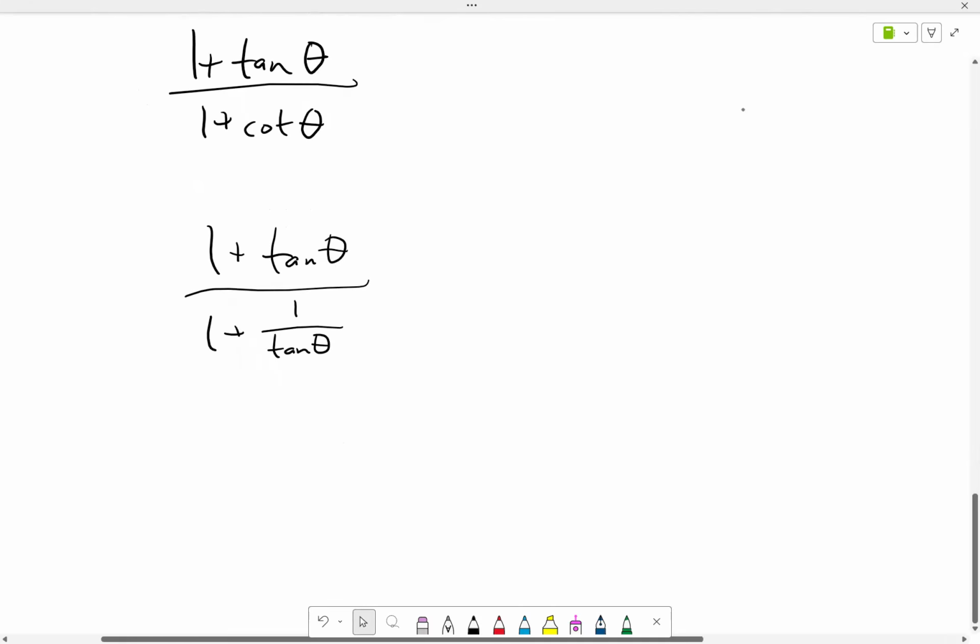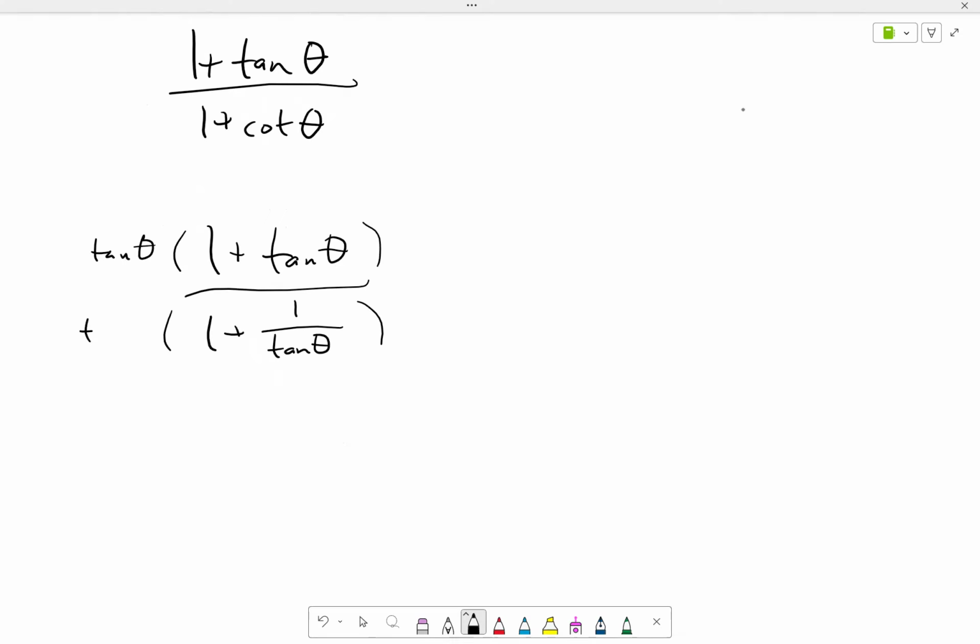To clear the denominator, multiply top and bottom by tangent theta. Are we okay with that? On the top, I'm going to leave it factored: tangent of theta times 1 plus tan theta, because I have no problem with denominators there. On the bottom, when I distribute that tangent theta, I get tangent theta plus 1.